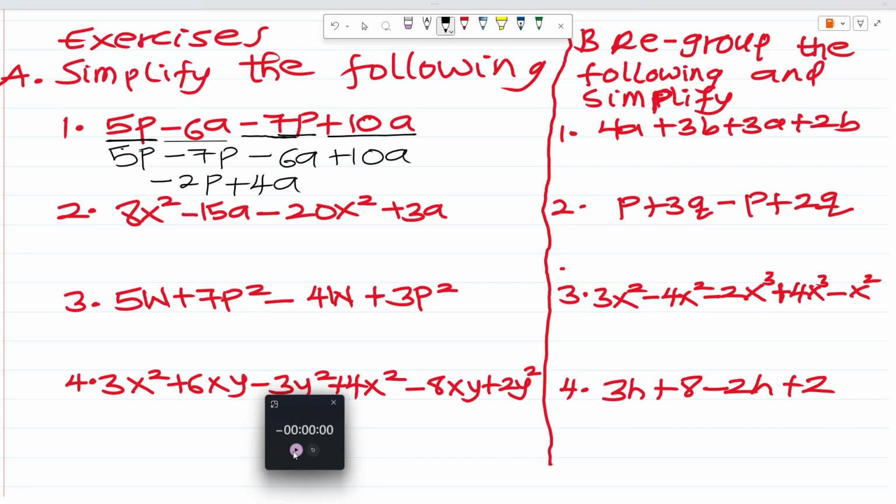So if you were able to solve it, then you are good. So let's solve this question.